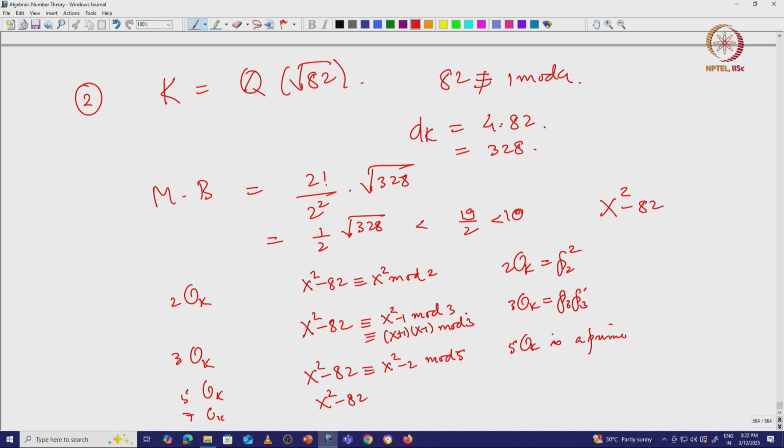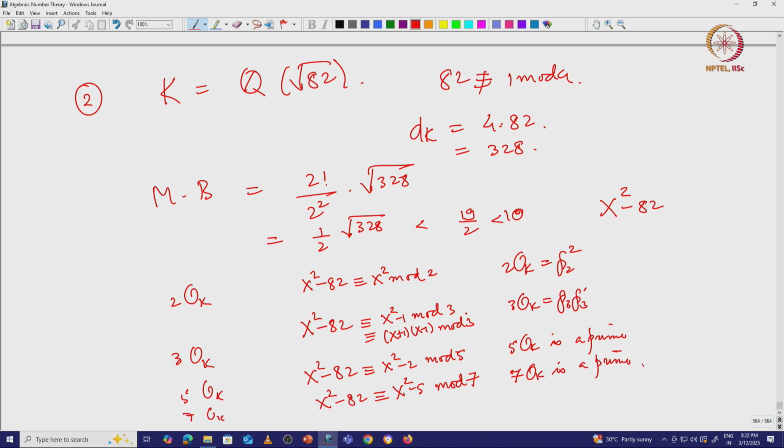X square minus 82, looking at it mod 7 now, is x square minus 5 mod 7, and 5 is not a square modulo 7. So, 7 OK is a prime.